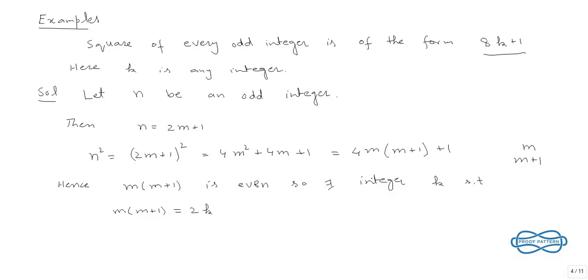And if we put the value of m into m plus 1 here, we will get n square equal to 4 times 2k plus 1, and that will be equal to 8k plus 1, and that is what we want to prove. So the square of any odd integer is of the form 8k plus 1.